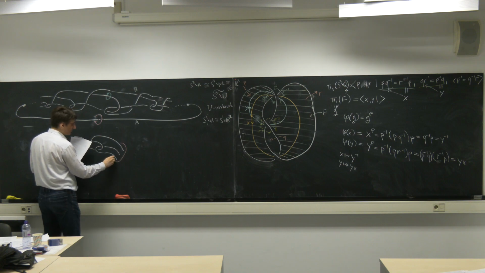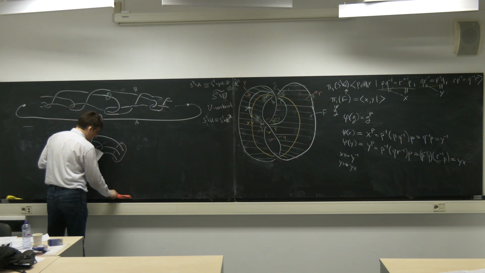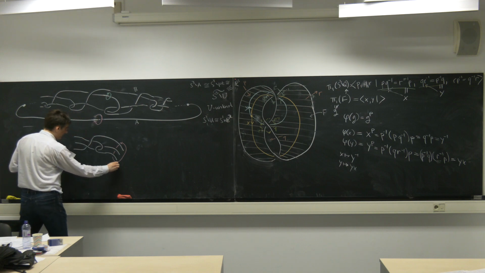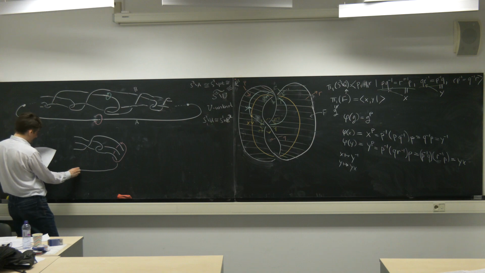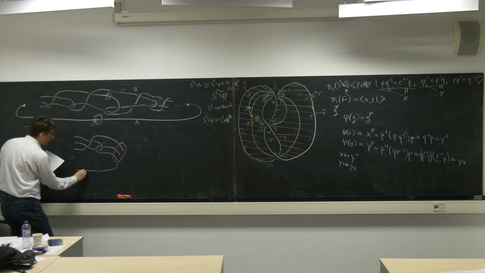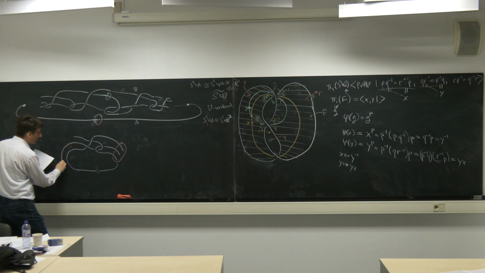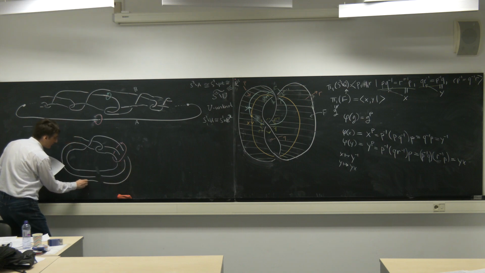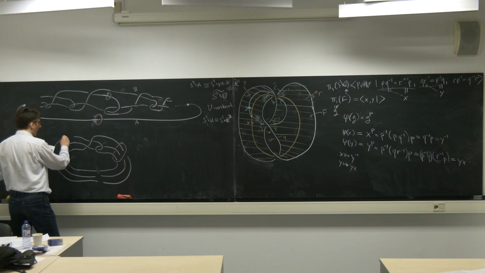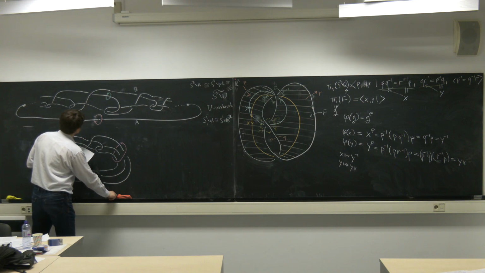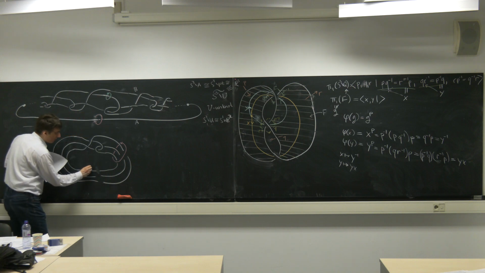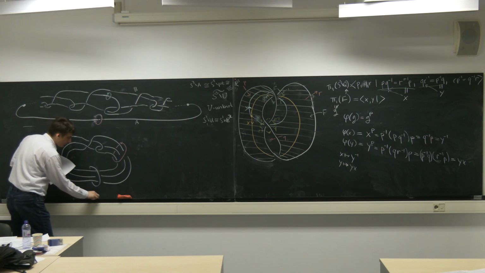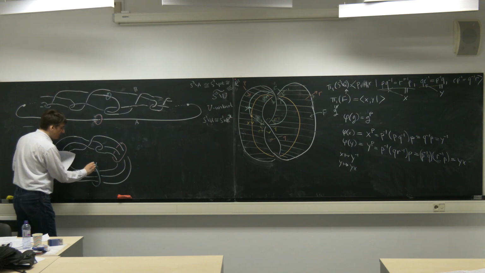I'll draw something here in pink color. And this is U, which is our unknot.